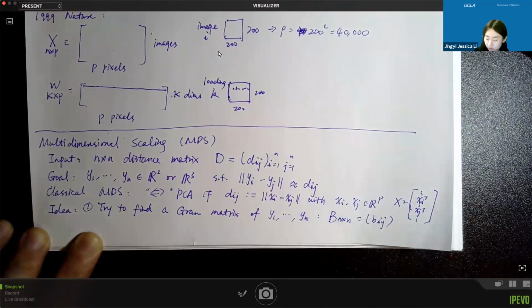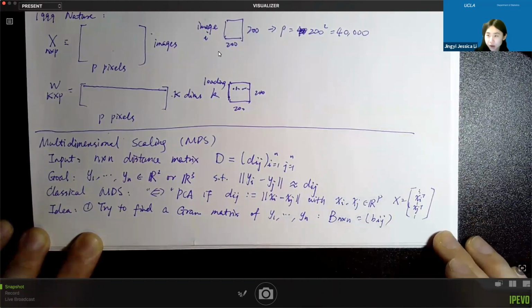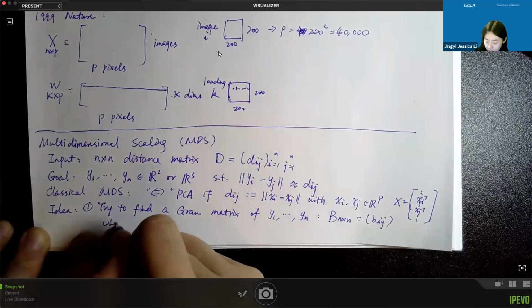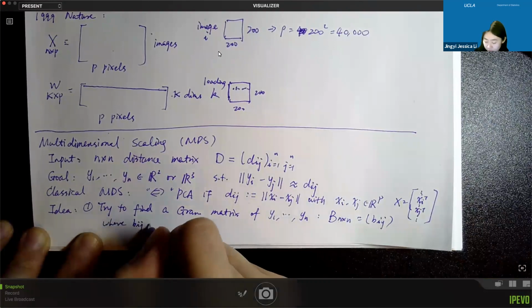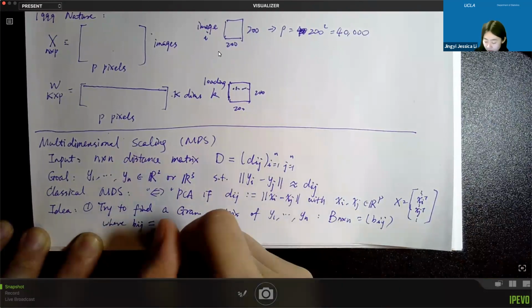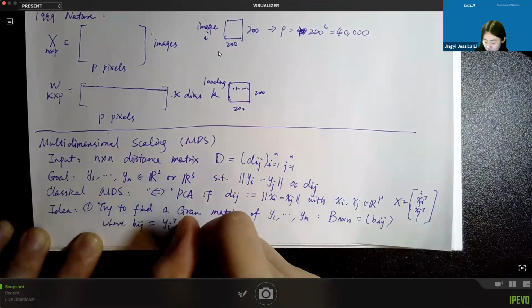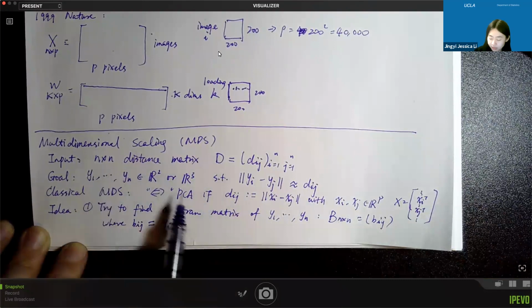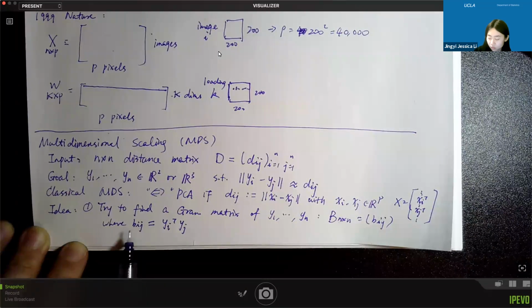And what do we mean by a Gram matrix? It's just from the inner products of y1 to ym, where this Bij is defined as yi transpose yj. So for every 2 data points as 2 vectors, we take their inner product and we define it as Bij. And we want to call this the Gram matrix.